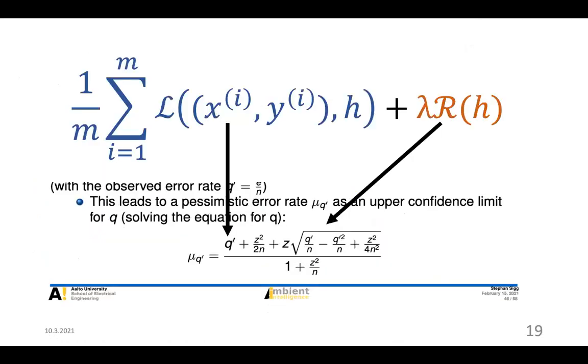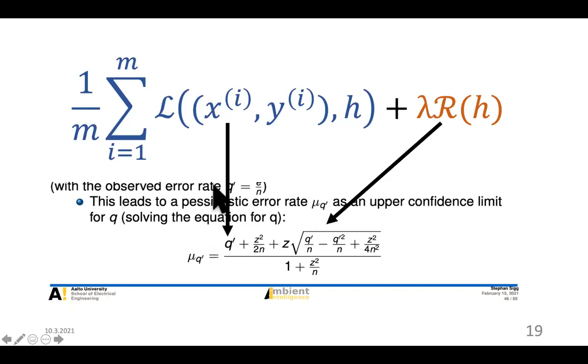So here I have dug out one snippet from Professor Sick's lectures, where to learn decision trees, you didn't look at the error rate, which is the 0-1 loss. The error rate is just the average 0-1 loss, but you minimized the 0-1 loss on the training set, which Professor Sick called the observed error rate.